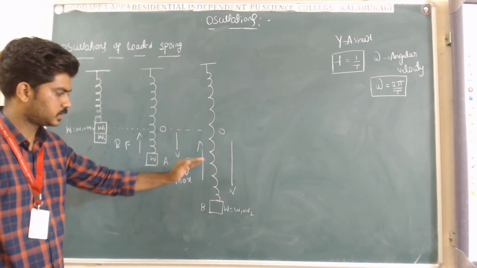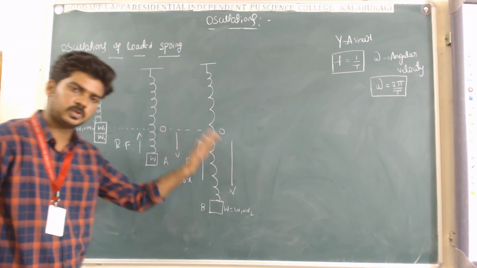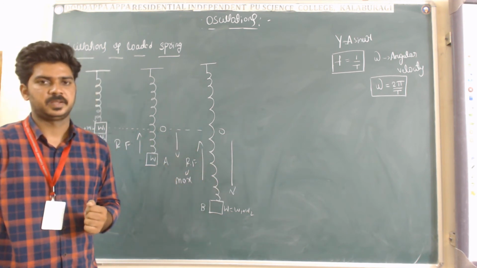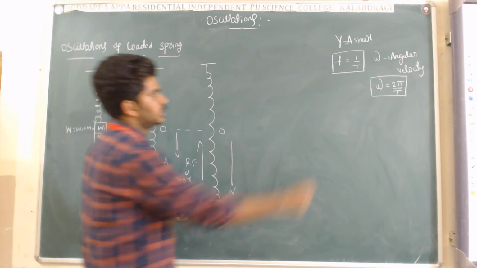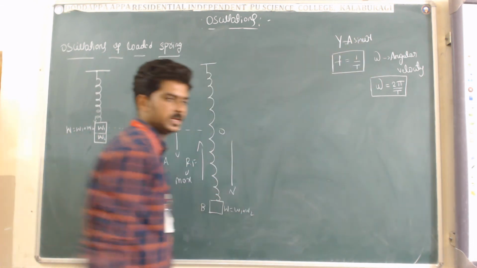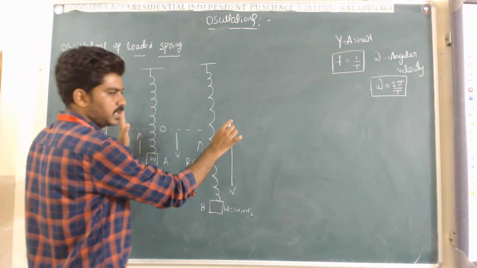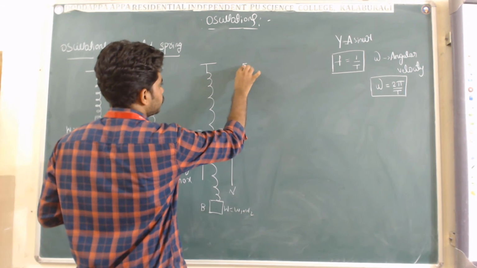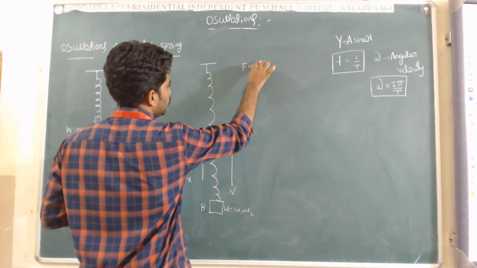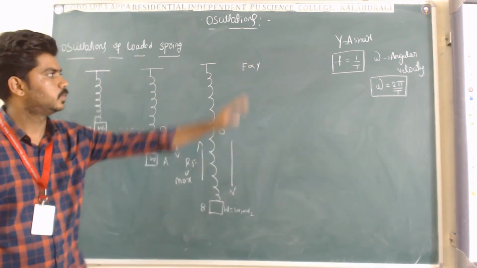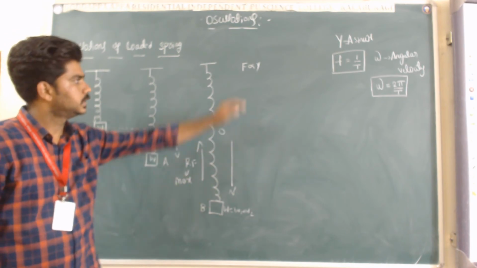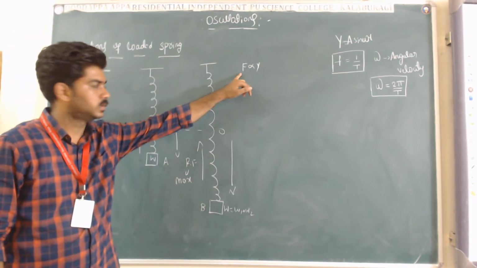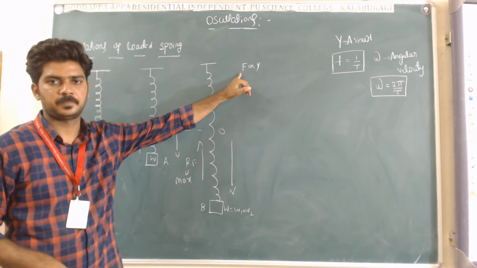It means the restoring force is directly proportional to what? Displacement. The displacement equation we have is y equals a sin omega t. So in this case, the restoring force F is directly proportional to displacement, that is y. If the displacement is more, the restoring force must be more.